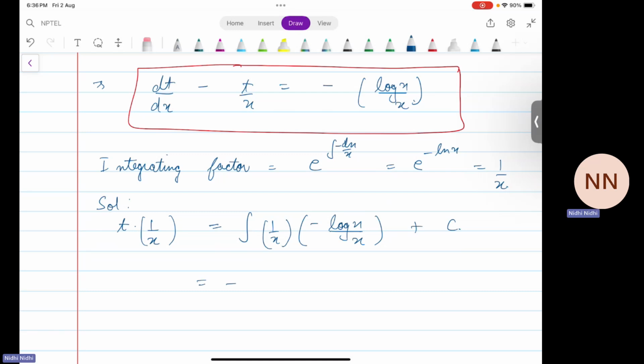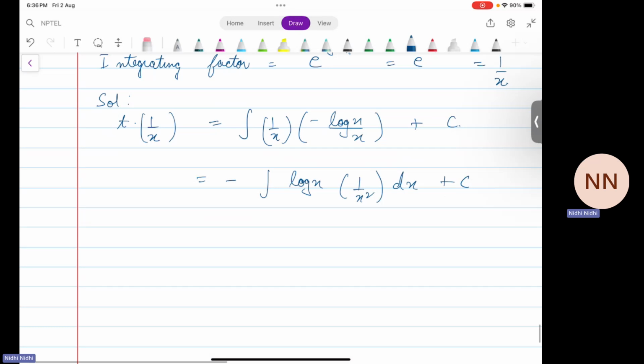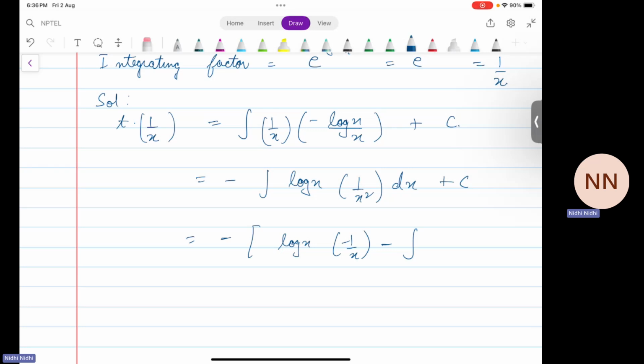Now this is minus the integration of log x times 1/x² dx plus c. Here also we will use the product rule, or integration by parts, to solve this integral, which gives us minus log x as it is, times the integral of 1/x², which is -1/x, minus the integral of the derivative of log x, which is 1/x, times -1/x dx, plus c.